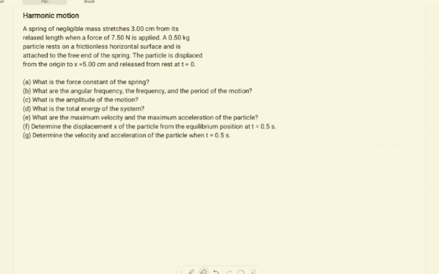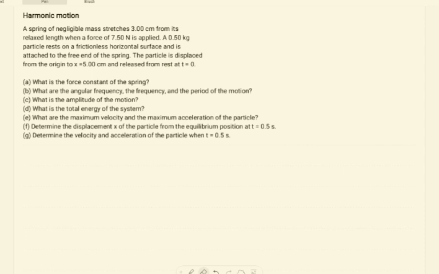To begin with the question: a spring of negligible mass is stretched 3.00 centimeter from its relaxed length when a force of 7.5 Newton is applied. A 0.5 kilogram particle rests on a frictionless horizontal surface and is attached to the free end of the spring.